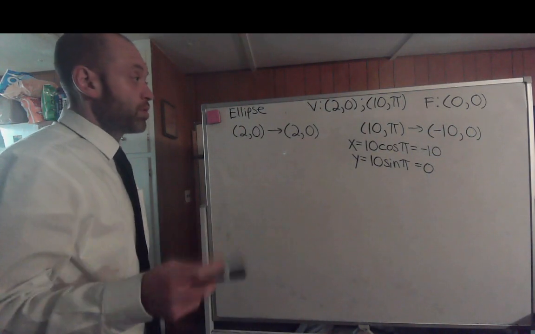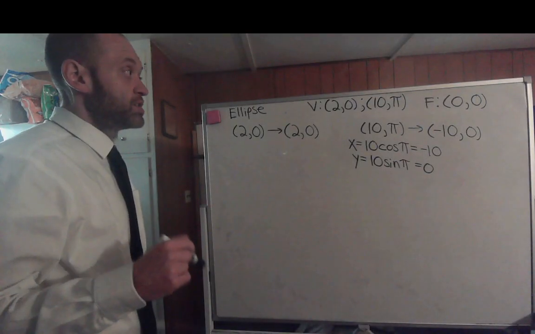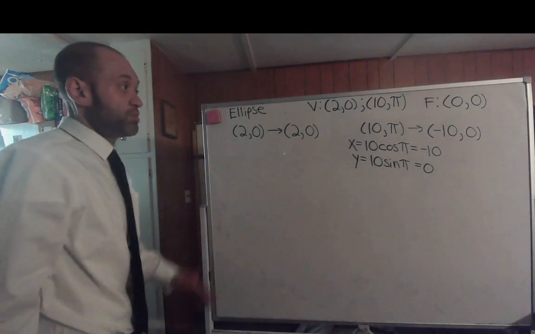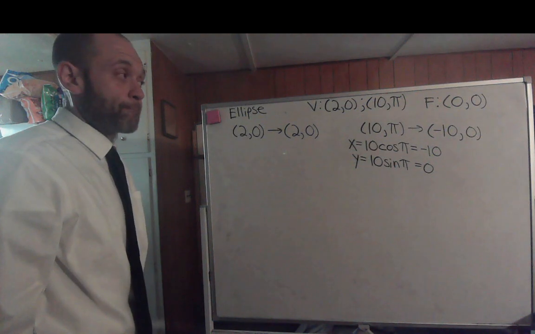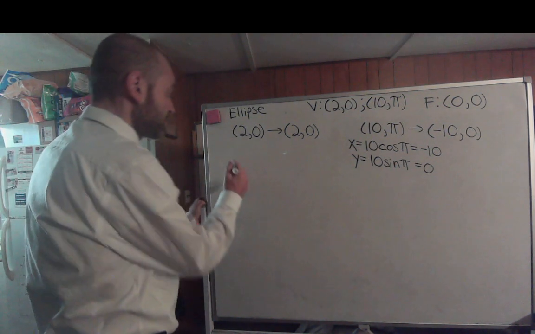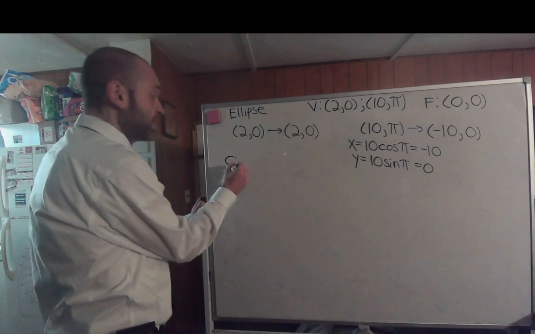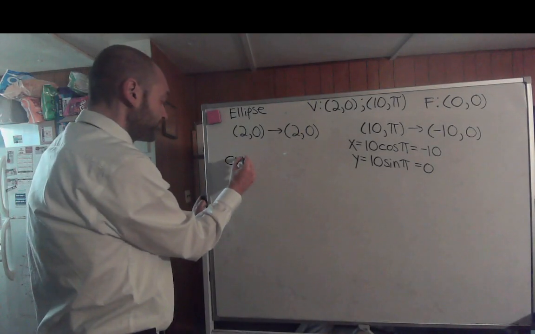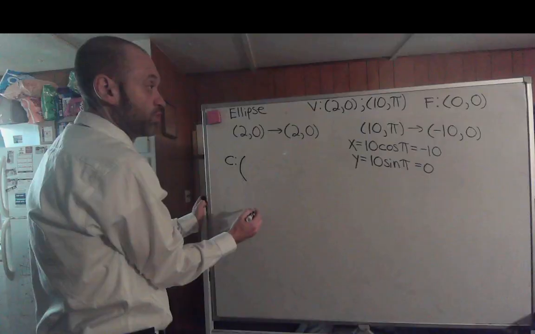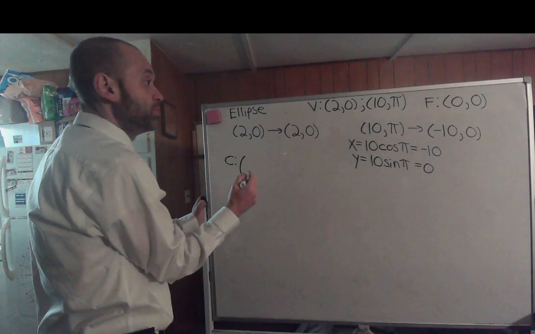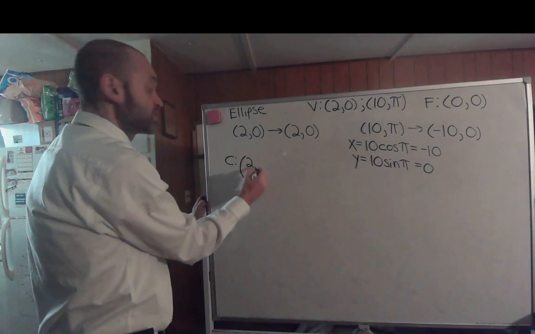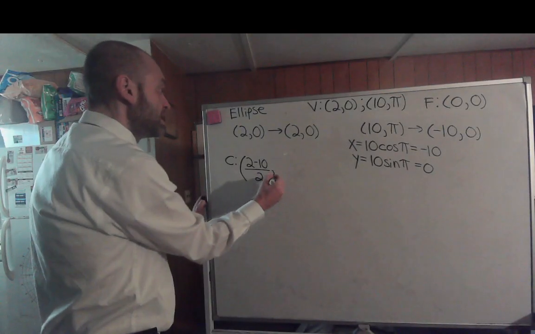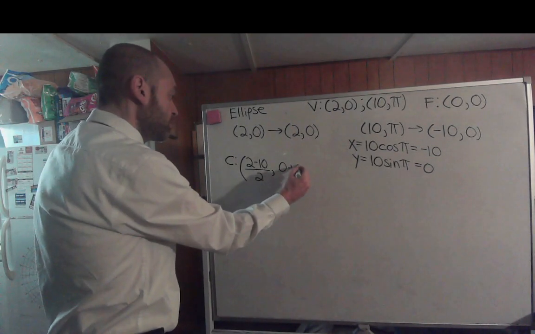These are very important because the next thing you want to do, if all you're given is the vertices and the focus, is find the center. The center is always halfway, of course, between your vertices. So let's use the midpoint formula. x1 would be 2, x2 would be negative 10, so 2 minus 10 all over 2, and then you would have 0 plus 0 all over 2.